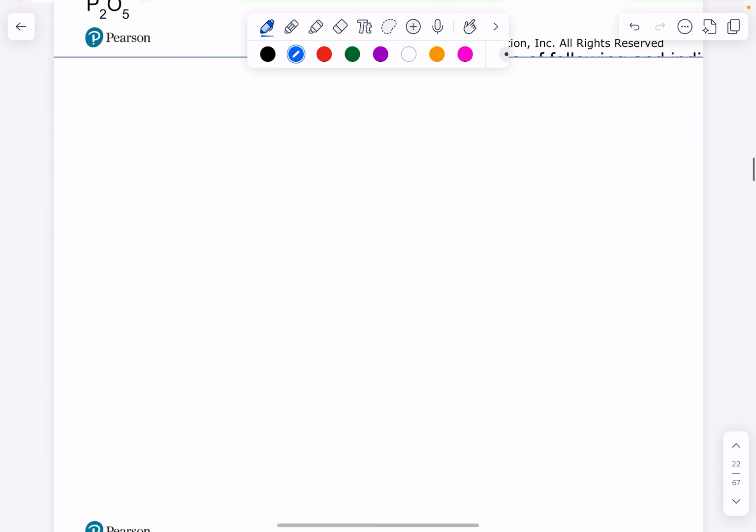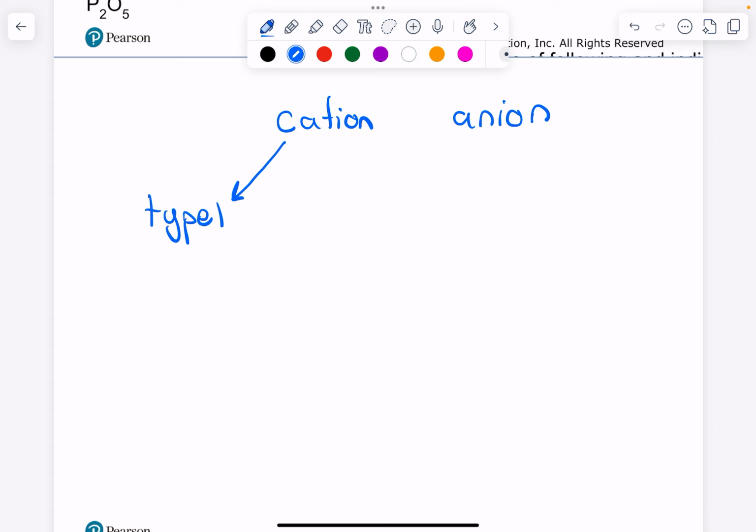There we go. Okay, so for metals, you always have the cation and the anion. With the cation, you can have type 1 metals, or you can have type 2, and that's going to affect the naming, okay?